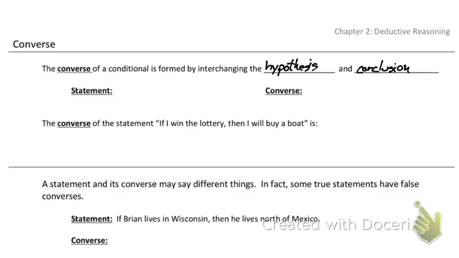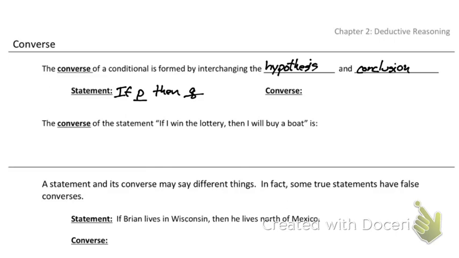So on the other side, we said if P, then Q, right? So a normal statement would go something like if P, then Q. If our hypothesis is true, then something comes out of it. If I ask for the converse of that, you're going to switch your P's and Q's.